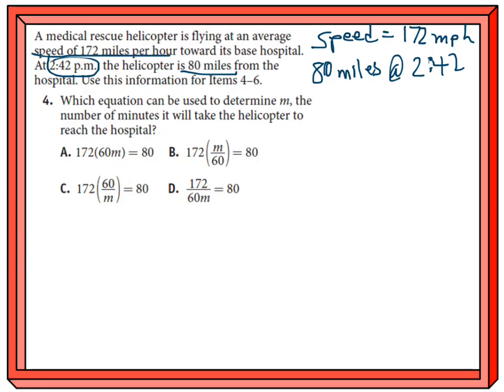Number 4, which equation can be used to determine m? So here is our variable. It's going to tell us what m is: the number of minutes it will take the helicopter to reach the hospital. So this is minutes. It's time, but specifically in minutes, to reach the hospital.